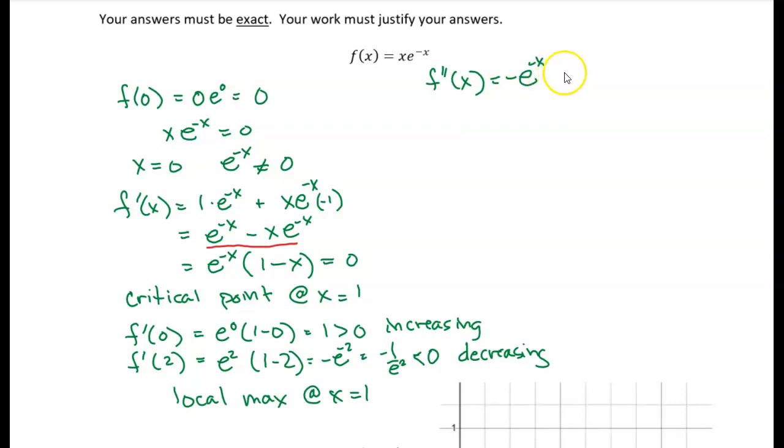Then I'm going to take the derivative of the second part, which is minus x e to the minus x. The first is minus x and the second is e to the minus x.